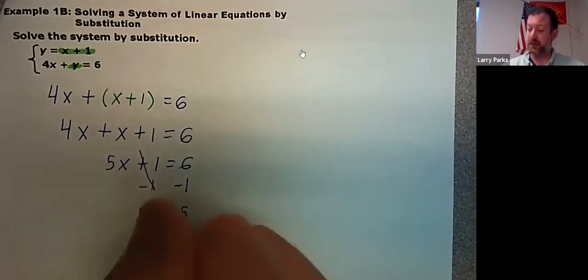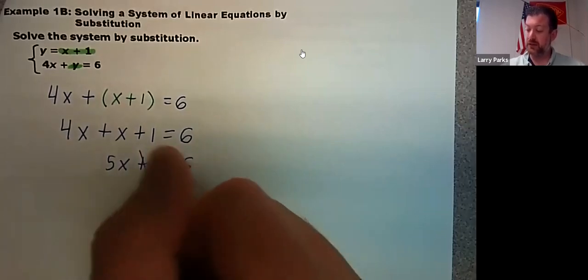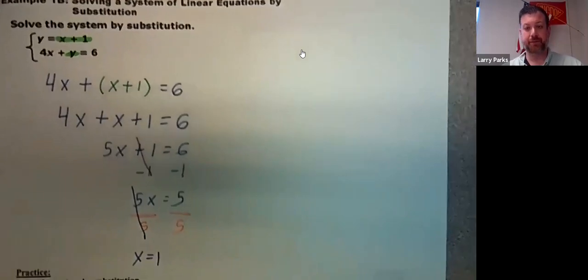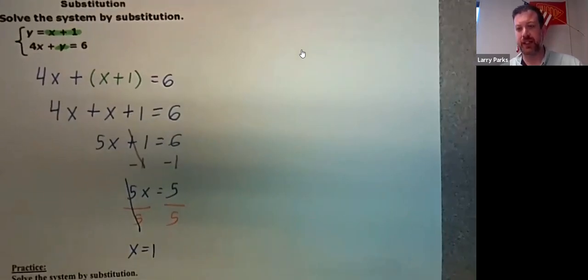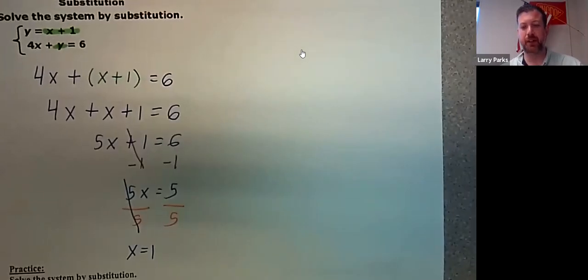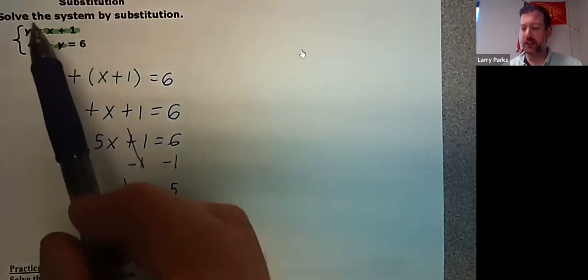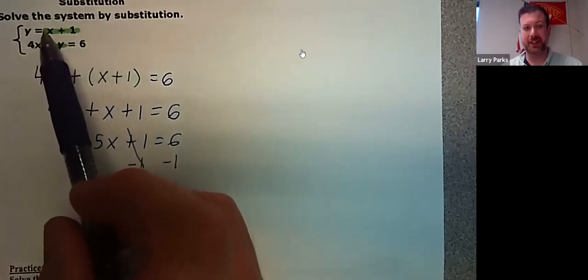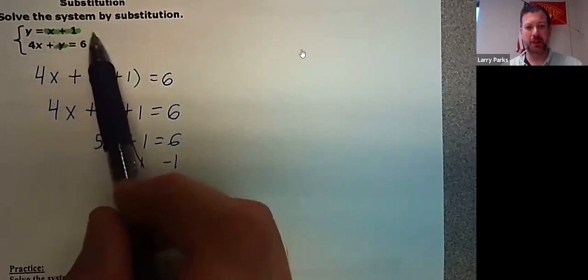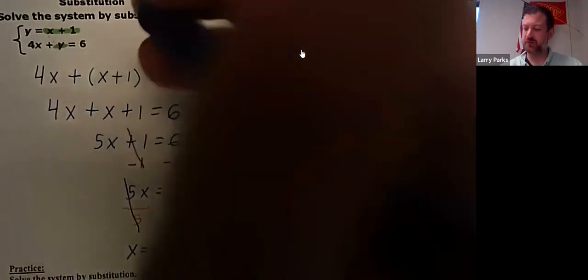And I get x is 1. So they intersect when the x value is 1. How do you find the y value? You pick either equation and you substitute the value of x in, since that's what I just found, to find the y value. This one's really easy. y is 1 plus 1, so y is 2.